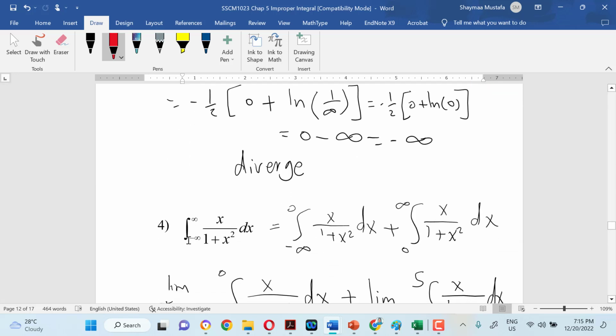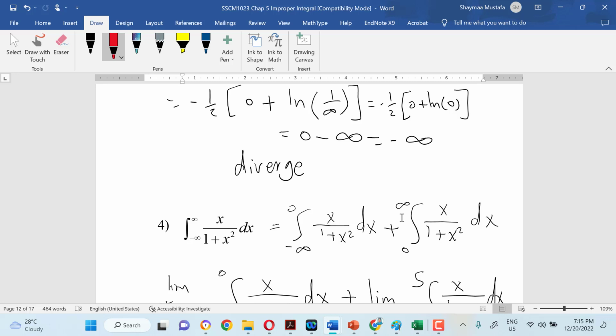Okay, another example. I have the problem on the two boundaries, from minus infinity to infinity. So here I have to separate the integration first into two integrations. First integration from minus infinity to 0, and second integration from 0 to infinity.